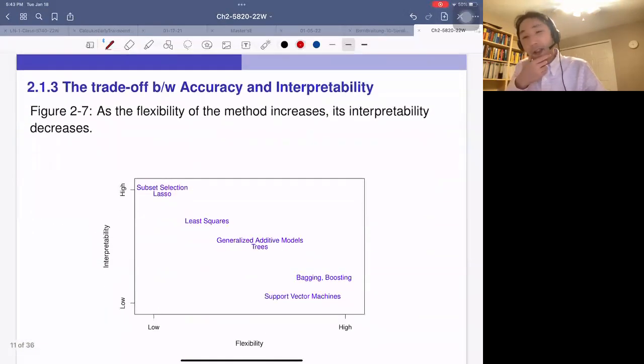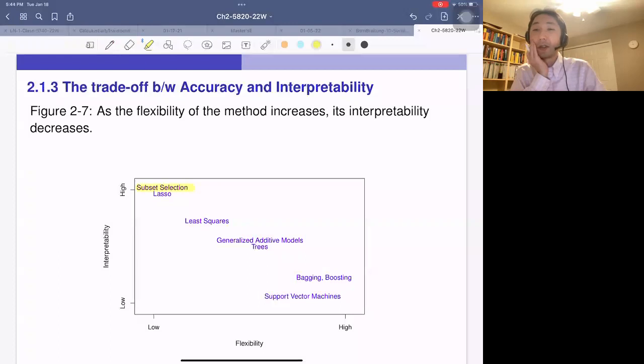Okay, so the accuracy and the interpretability. We have many statistical methods. Some methods focus more on accuracy, and some methods focus more on interpretability. For example, the subset selection. If we have 100 possible predictors, then we make the subset selection by AIC or cross-validation.